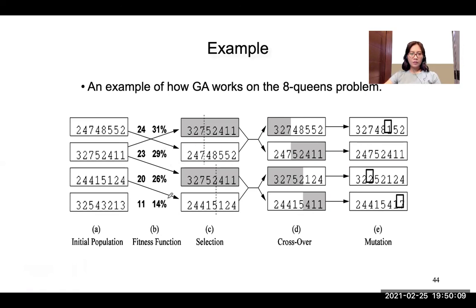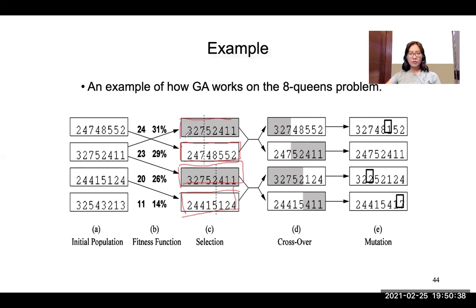Based on the selection process, I can see that this chromosome's probability is higher because this has the best fitness function. So I pick this one as the parent. And then I also pick this one as a parent. I don't want this one because it only has 11 as the fitness function. And I also pick this one.